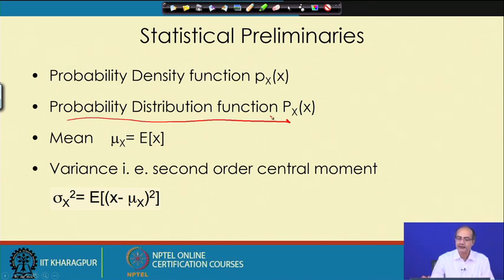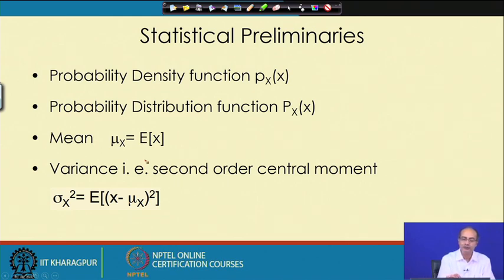So, if we look from that leftmost point, that is minus infinity, to the point say x, the accumulation of the probability is called the cumulative distribution function or cumulative probability distribution function. Okay. So, these are the basic definitions, and given the probability mass function or probability density function, we can calculate the mean of it.